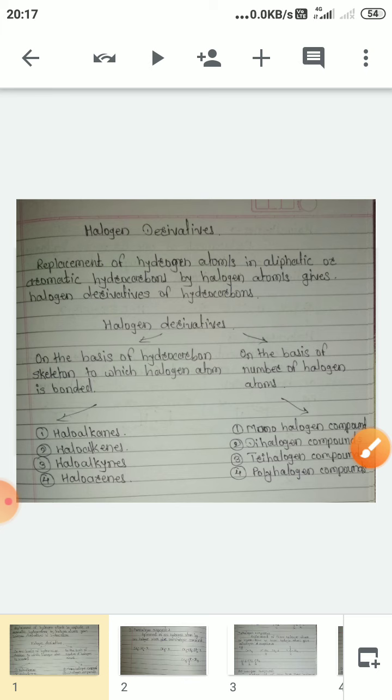Okay, now on the basis of this, these halogen derivatives are classified into two types. First one, on the basis of the skeleton to which the halogen atom is bonded.